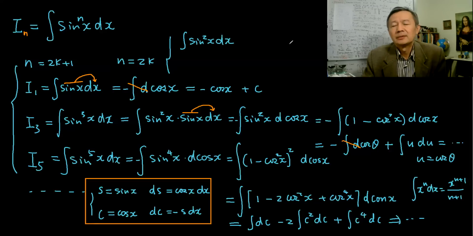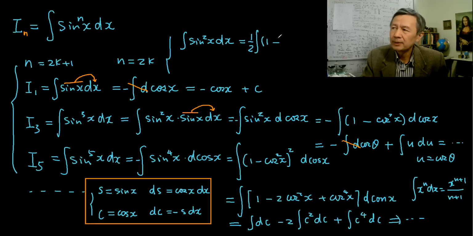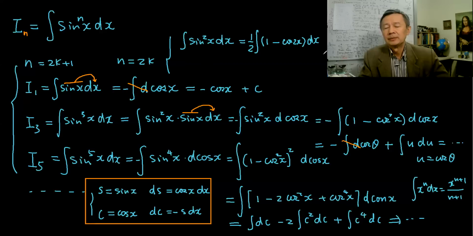You may say it's not so easy, but it's not so difficult, because we can always go to the trigonometric relation, the double or half angle formula. Here we use it as one half times 1 minus cosine 2x dx. Double check that: yes, that is minus cosine 2x dx. Okay, I will stop here.